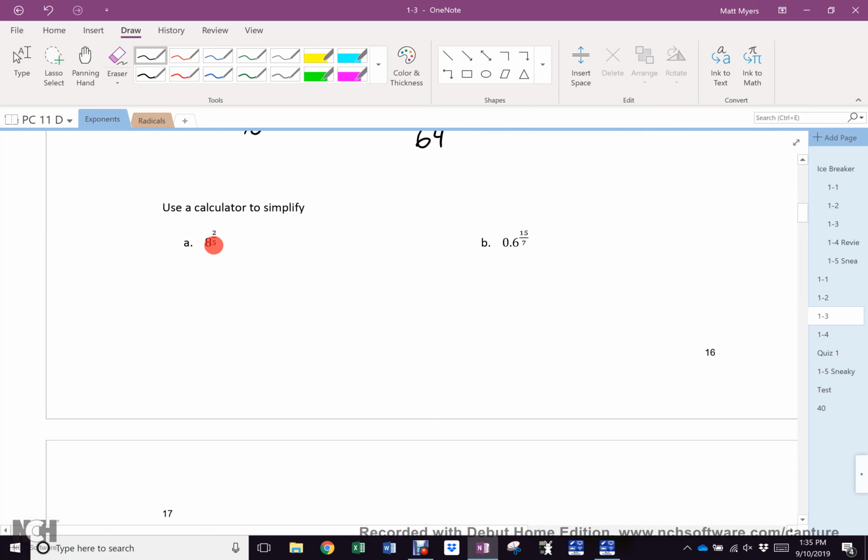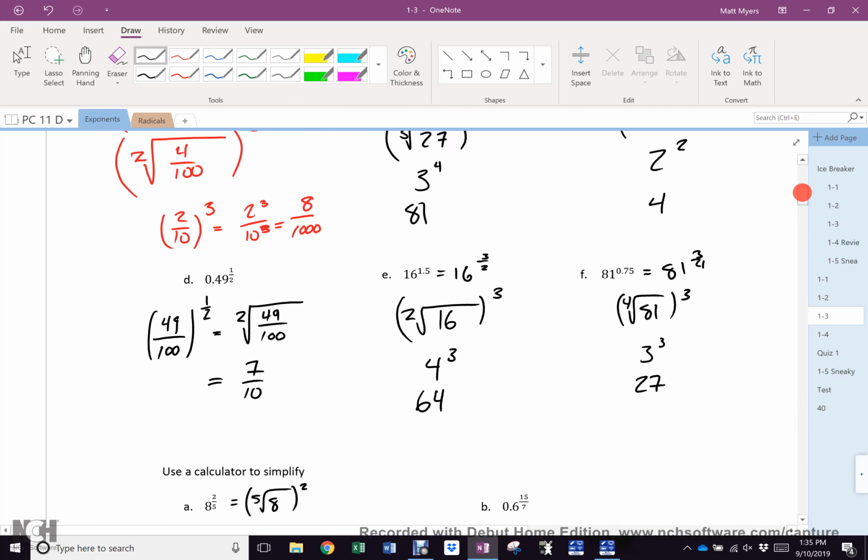When you look at this right away, you say to yourself, self, that is the 5th root of 8 squared, yes? Right? Everyone agrees, yeah? Does 8 have a 5th root? No. It can't have a root bigger than a 3rd root, right? So this is where this rule comes into play.